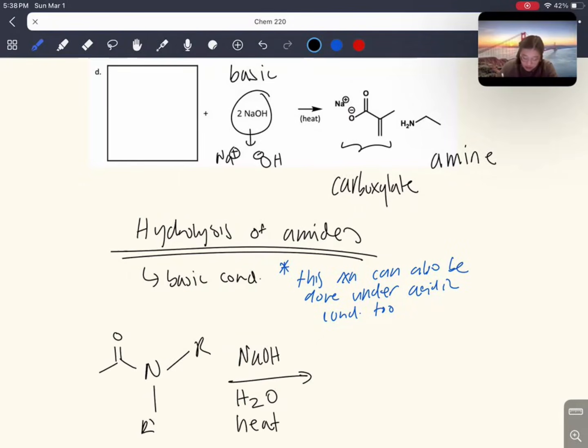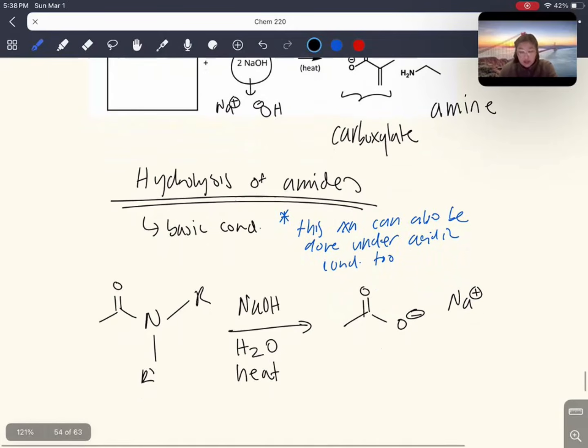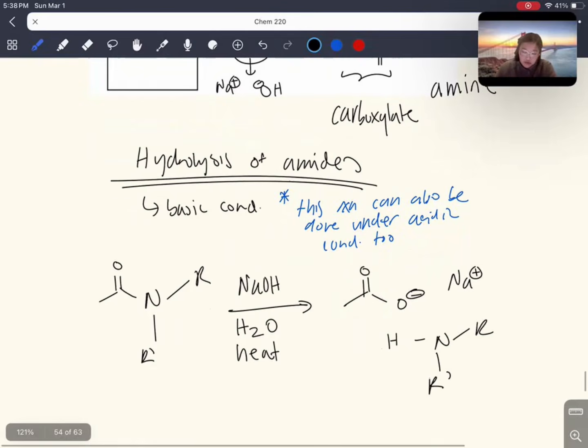The products of this reaction are going to be your carboxylate ion. Na plus is a spectator ion, so typically you wouldn't draw that, but you can draw that in if you would like. And then you would also get your amine. That's the typical generic reaction of what a hydrolysis of an amide looks like.